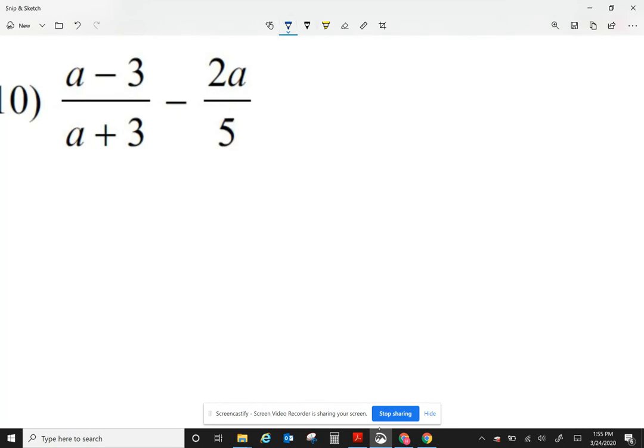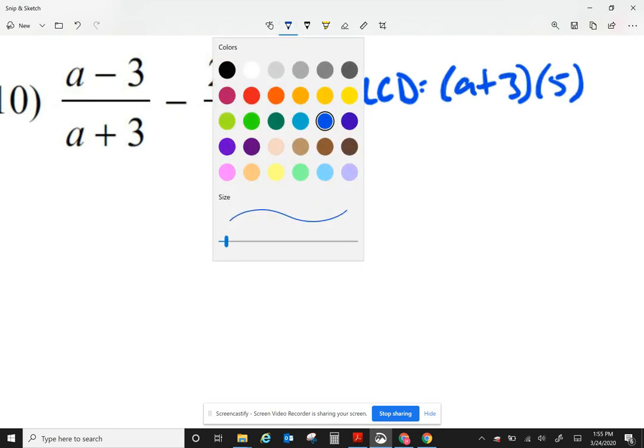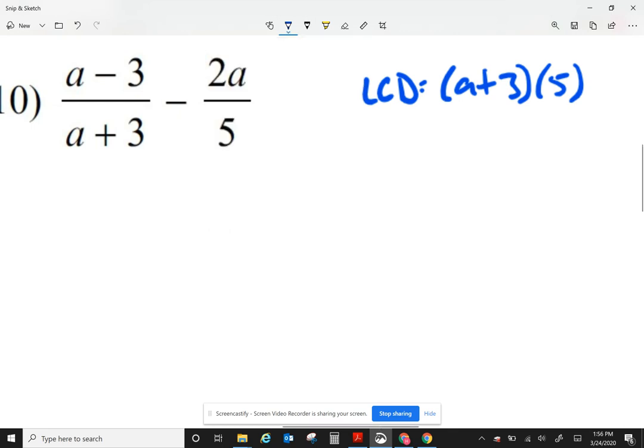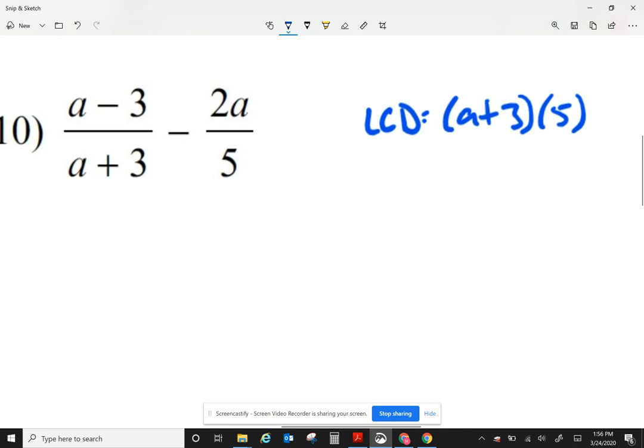So I'm just going to say my least common denominator, I need a plus 3, and I need a 5. From the negative side that's in between the fractions, I'll change that to a plus, and I'll distribute the negative to the second parentheses. Once again, if there's more than one term, distribute the negative sign to every term in the second fraction.